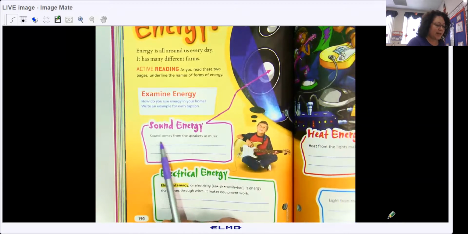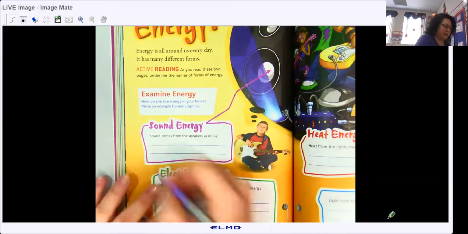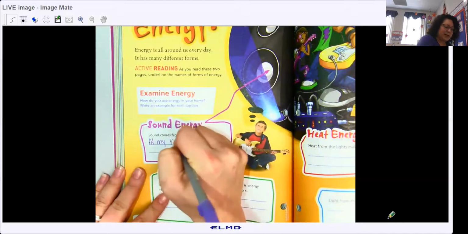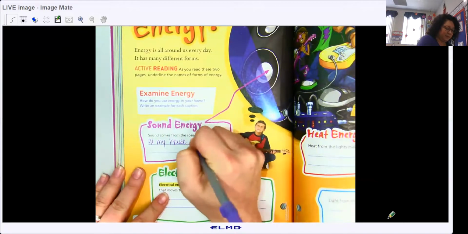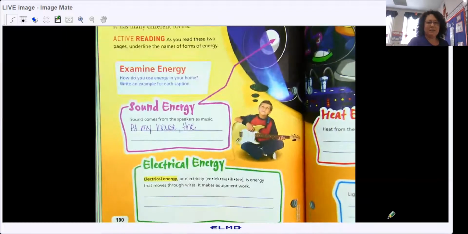Sound energy. Sound comes from the speakers as music. What is an example of sound energy at your house? What's something that makes sound? At my house, I'm going to say the TV makes sound. If you want to put something else, that's okay.